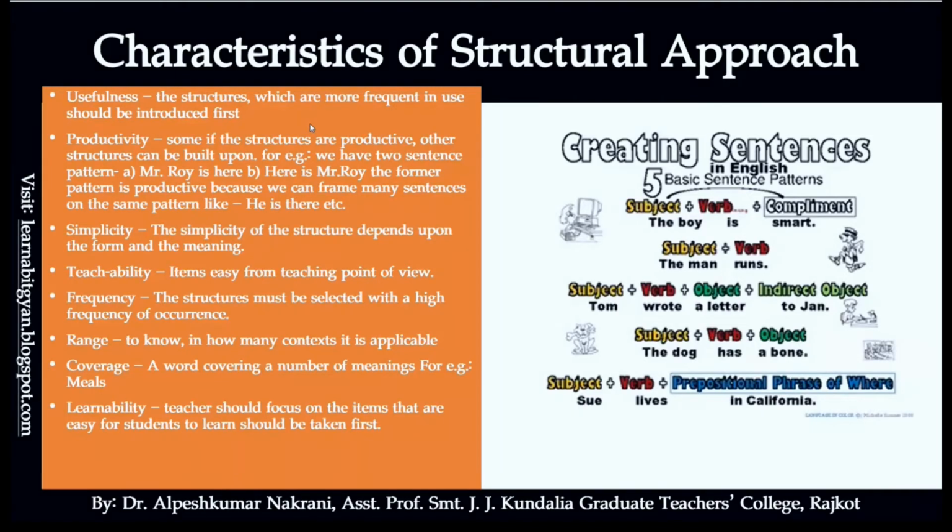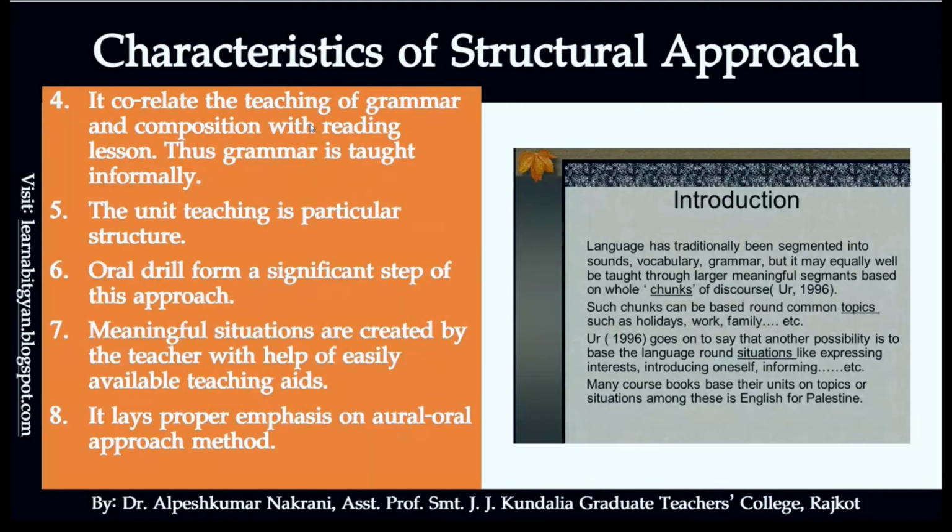It is called coverage and range. Some words in our life are useful in many situations, isn't it? So these words should be taught first. Some words and structures that are easy to learn should be taught first, right?